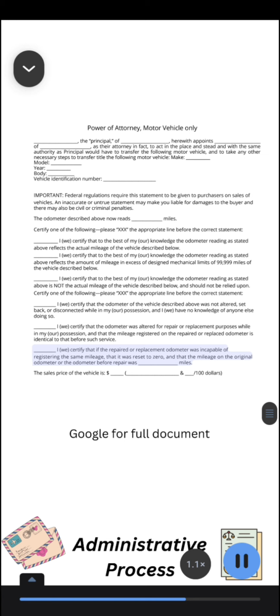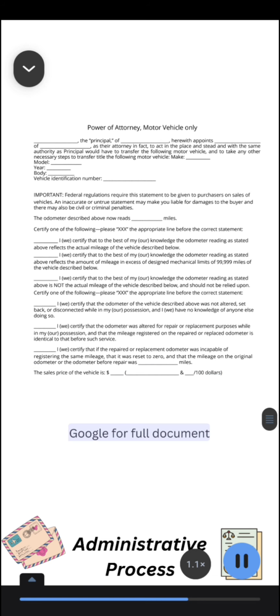We certify that if the repaired or replacement odometer was incapable of registering the same mileage, it was reset to 0, and that the mileage on the original odometer or the odometer before repair was blank miles. The sales price of the vehicle is blank dollars.